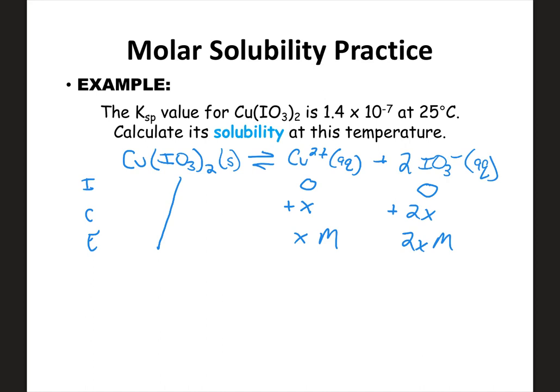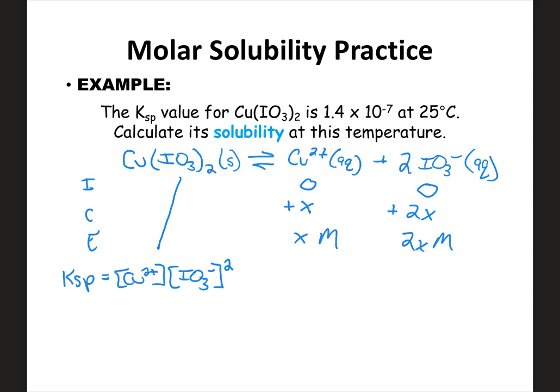The first thing we want to do, though, is make sure we write our equilibrium constant expression here. And since this is a KSP, we know KSP is equal to the concentration of Cu2+ times the concentration of IO3 minus here, but squared. That's your products. And then we don't put anything on the bottom here because our reactant is a solid.